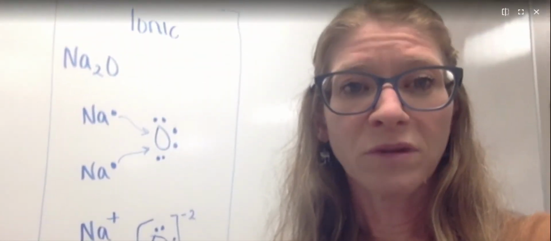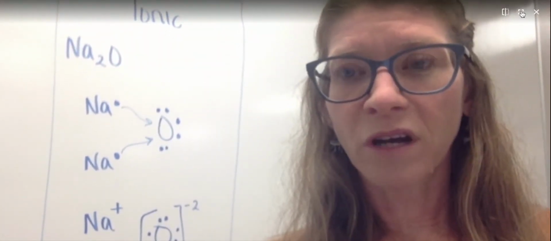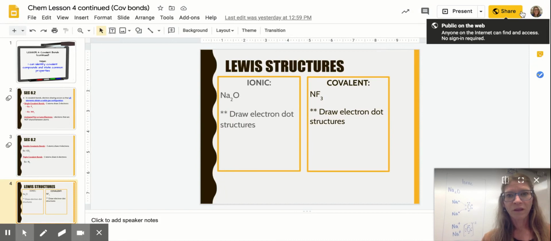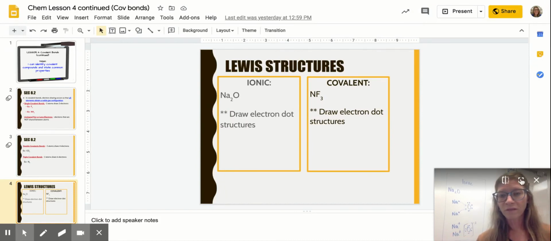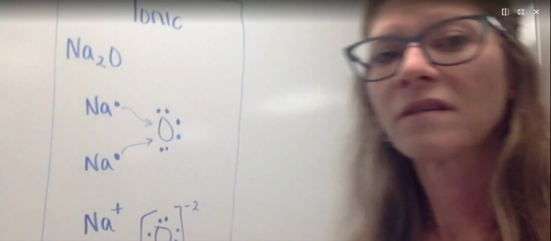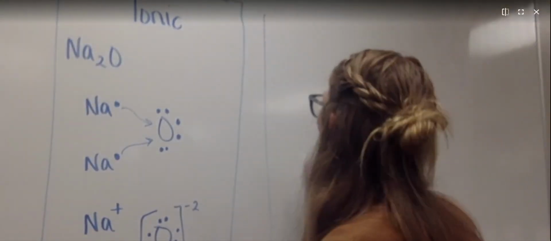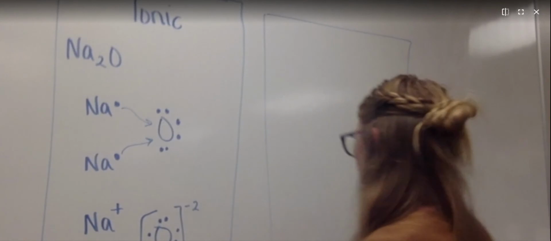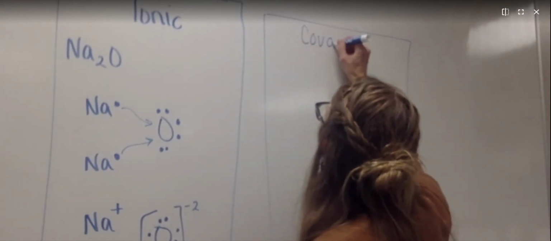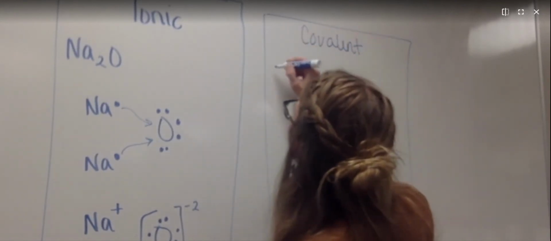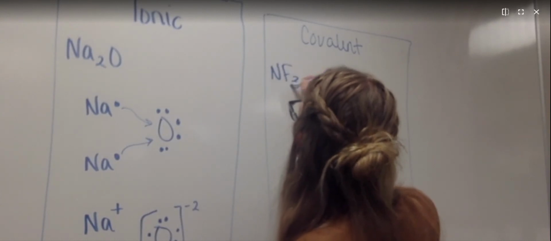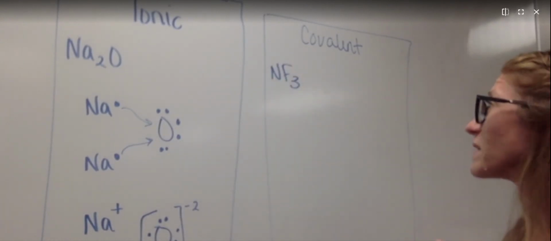All right, so now we will draw our covalent one. So covalent is NF3. So I'm going to make a box over here for covalent. So NF3 is our example.